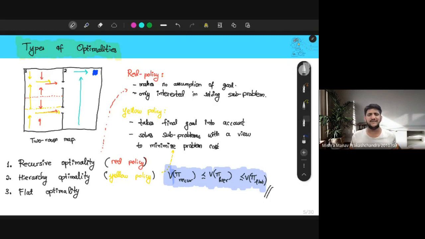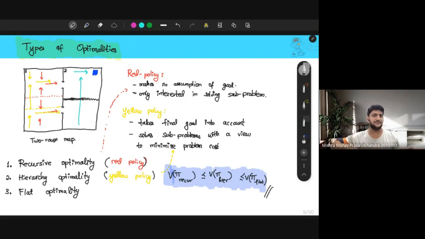Okay, but there are some cases, right? There might be some corner cases where recursive policy might get stuck. Okay, because then we might need to use a hierarchical policy. For example, a very simple example. Let's say there is a laser light, okay, in between that pops up. Okay, now if I want to solve it using the red policy, exiting from the second door is a bad option for me. Okay, but it is trying to optimize the subtask, which is exit room one.